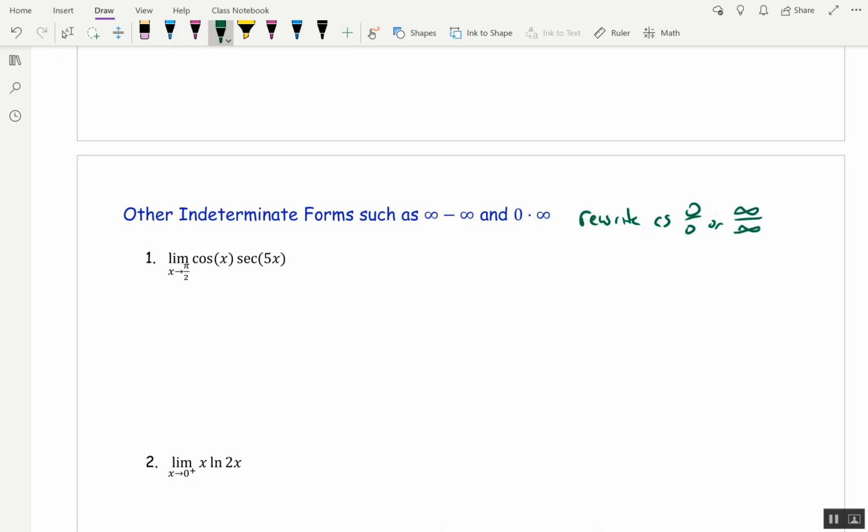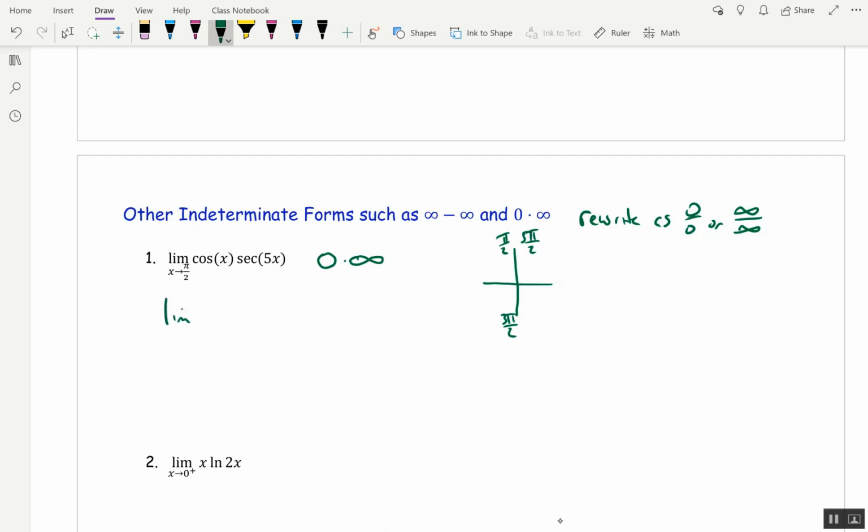Here's what I mean. Let's take a look at this problem. As x goes to pi over 2, cos x goes to 0, and secant of 5 pi over 2: here's pi over 2, 3 pi over 2, 5 pi over 2 is up here. Secant of 5 pi over 2 is going to be infinity. So let's just rewrite this.